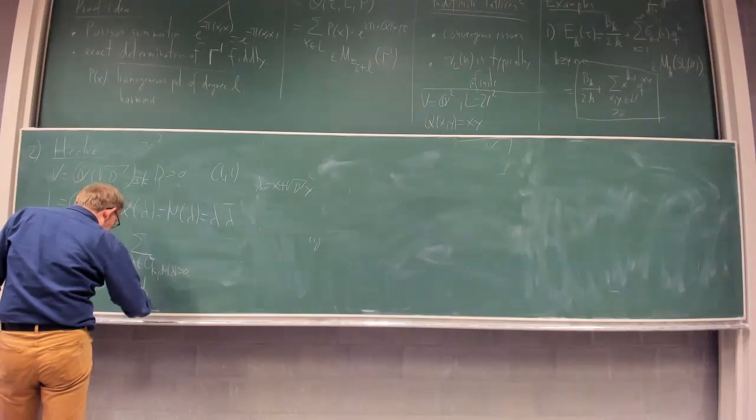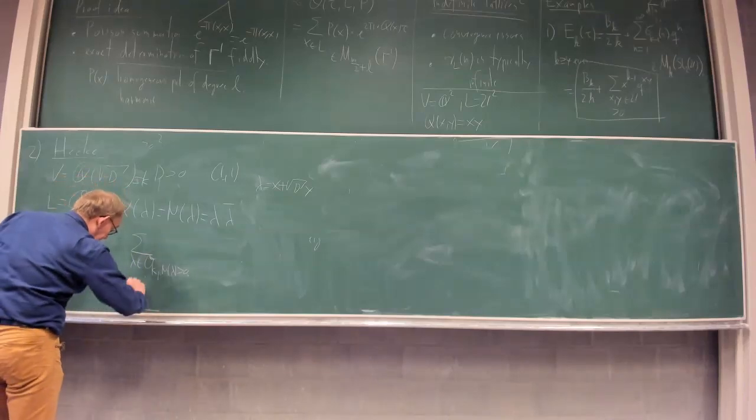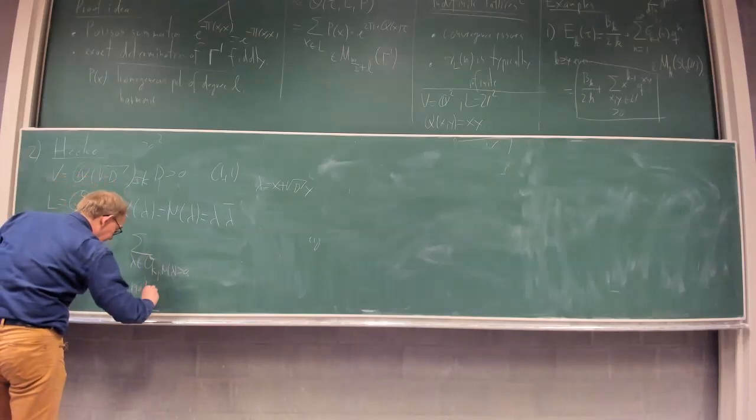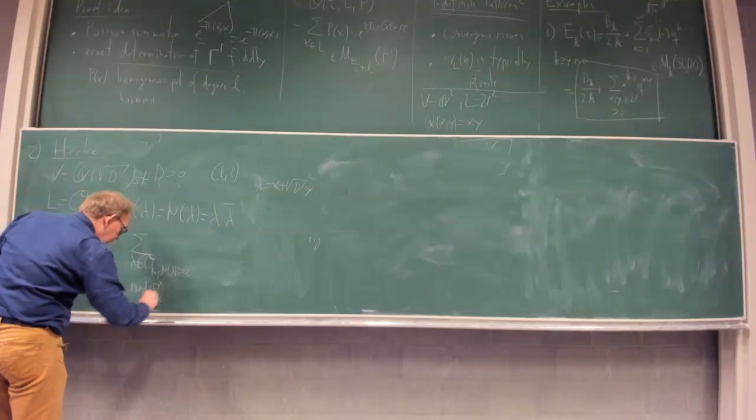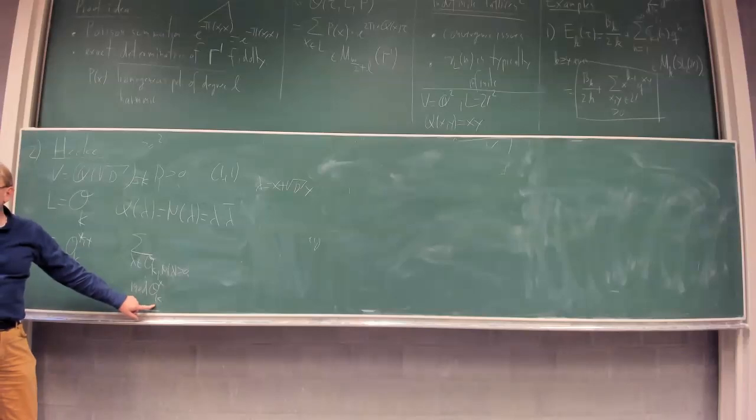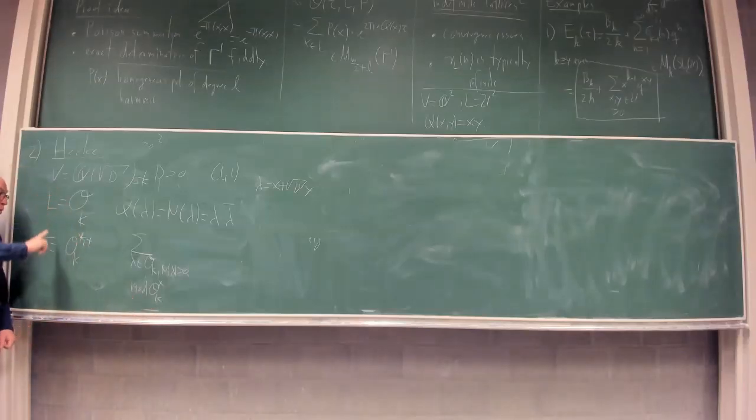But now I really have to be careful with my representation numbers. Modulo the units, I only have finitely many vectors of a given norm n.